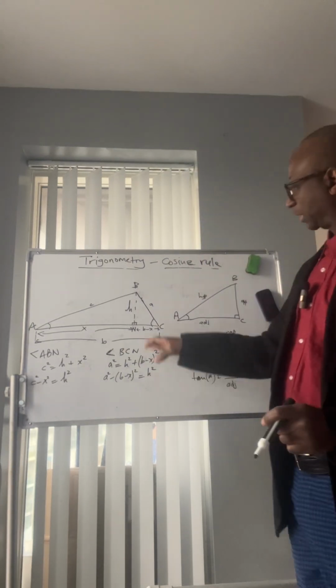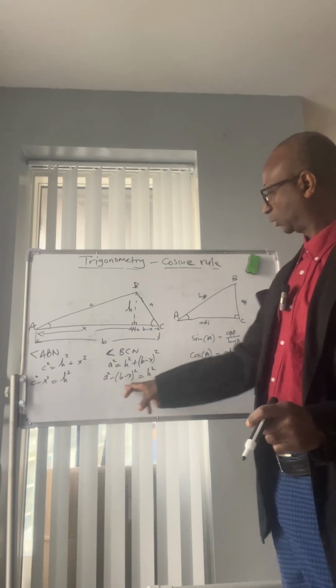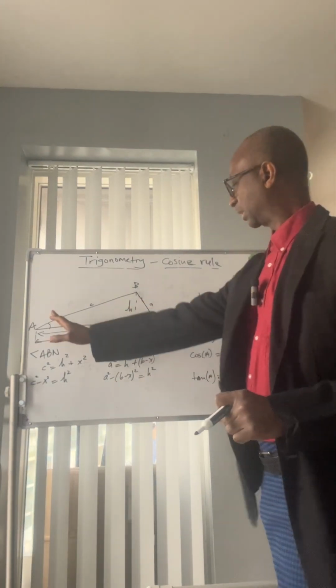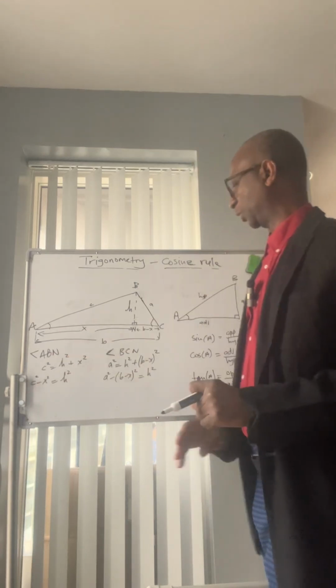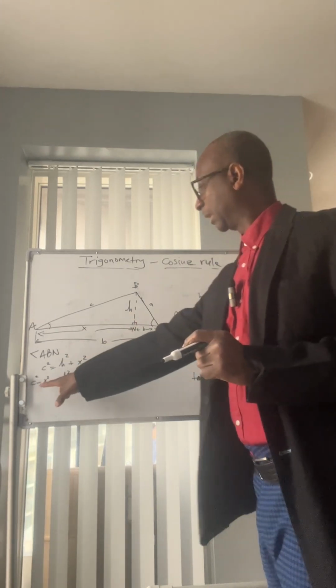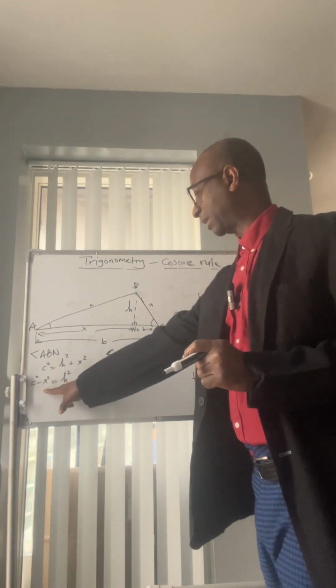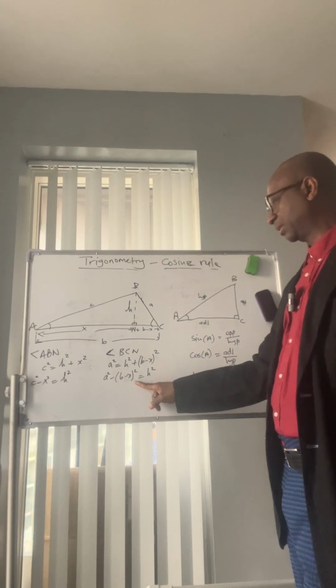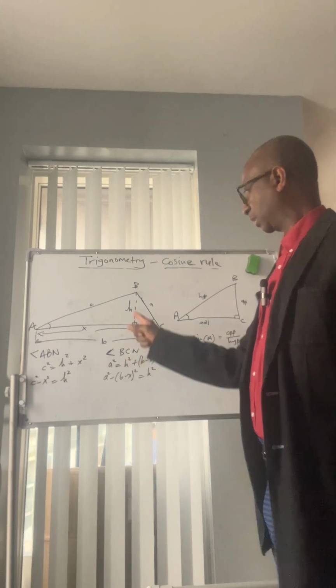We have h squared from this triangle giving us this one, and we have the same h squared from the other triangle giving us this function. It means what we have here on the right hand side must be equal to what we have here on the right hand side, because it is the same h.